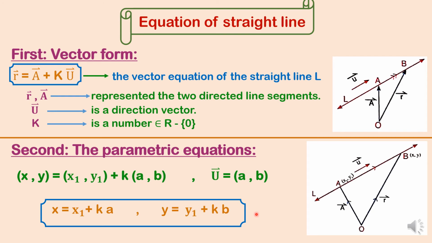So these are the two parametric equations, as we see in this figure. There is the r vector and the a vector. For the r vector we put x and y, for the a vector we put x1 and y1, and for the u vector we put a and b. Then the parametric equations are as we see.